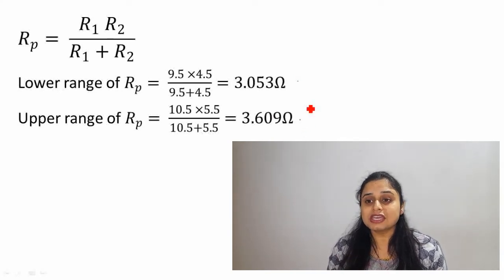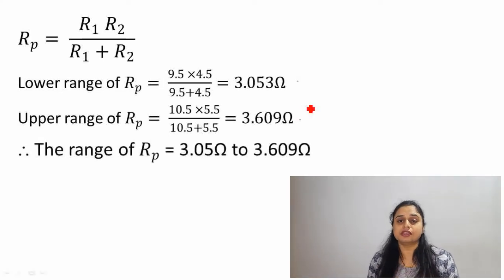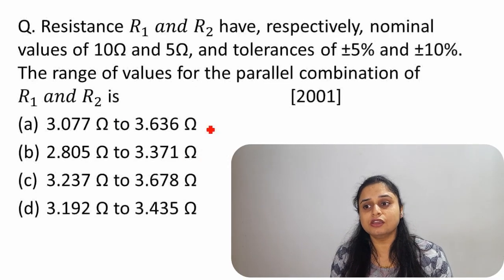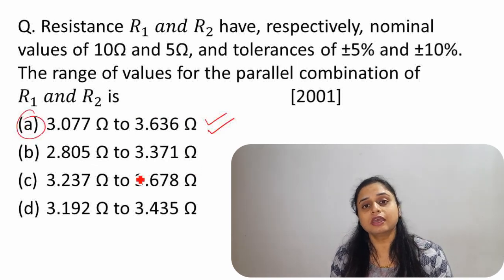So the total range of RP, the parallel combination of R1 and R2, is 3.053 ohms to 3.609 ohms. This is the complete range. From the options, you can see the closest value is near option 1. So the correct answer is option A.